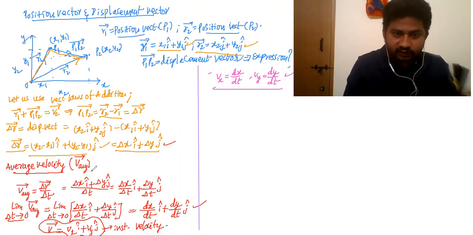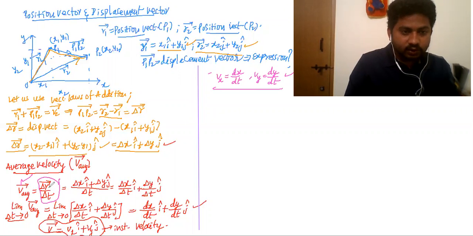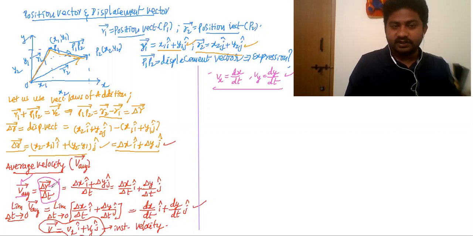What is the average velocity here? Look here. Delta r by delta t is the average velocity. As average velocity is a vector quantity, this delta r is also a vector quantity. Delta r is the displacement vector. So this average velocity is always directed in the direction of the displacement vector.